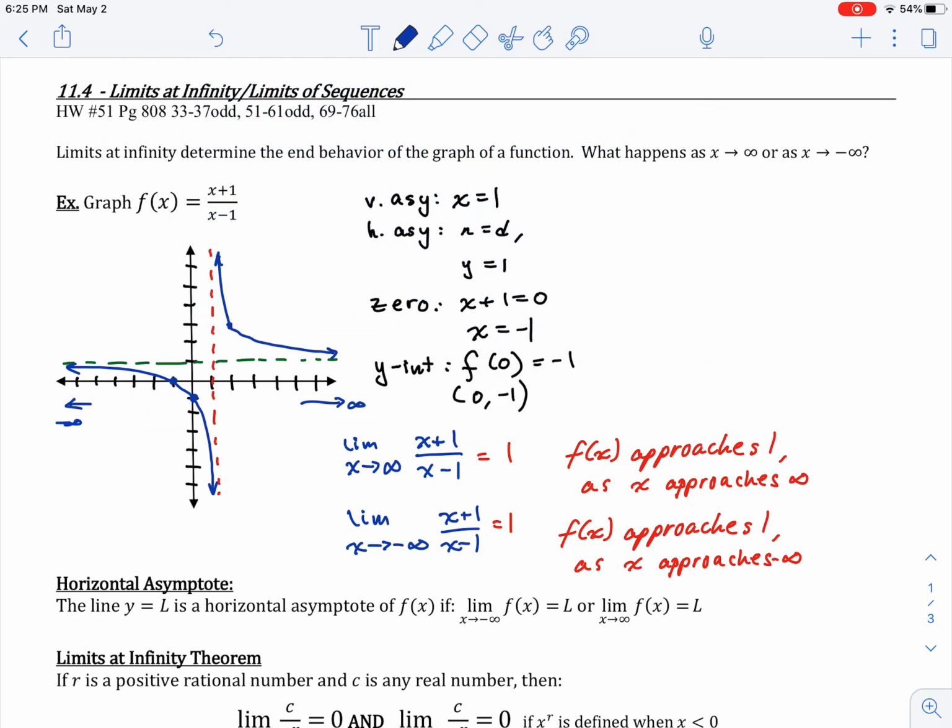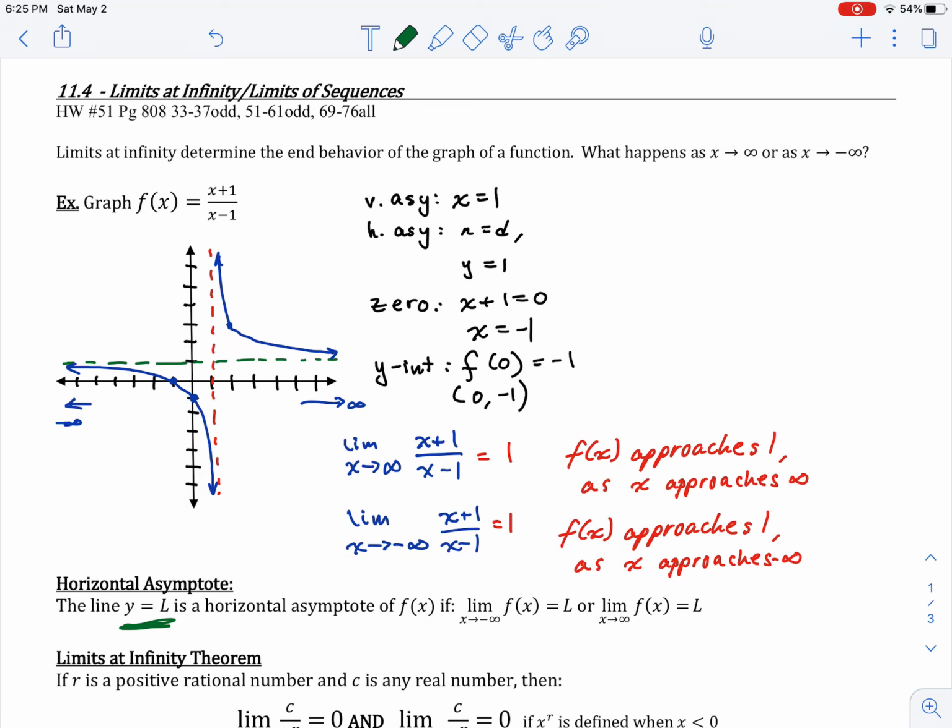So with rational functions, we can say our horizontal asymptote, our line y = L, which we'll just underline here, y = L is a horizontal asymptote if the limit as x approaches negative infinity is that L value, or the limit as x approaches positive infinity is that L value.